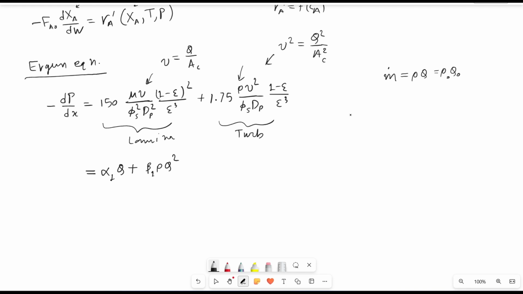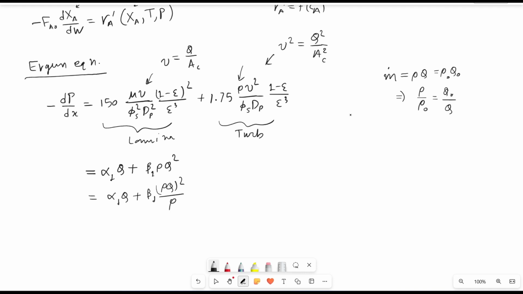Now rho is equal to rho naught times Q naught by Q. Mass flow rate will be constant, so we modify this expression as beta 1 times (rho Q) whole squared divided by rho.